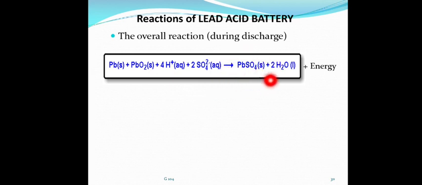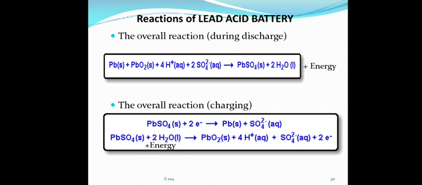PbSO4 is formed on both the plates with water. So what happens when sulfuric acid is turning to water? The concentration of sulfuric acid decreases and energy is produced during discharge. It is acting as a galvanic cell, so energy is produced.